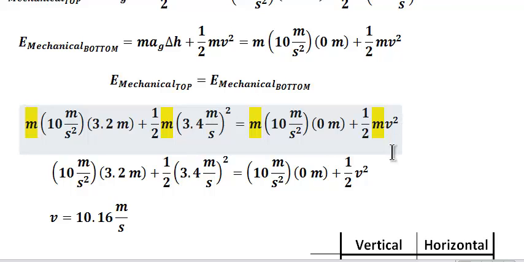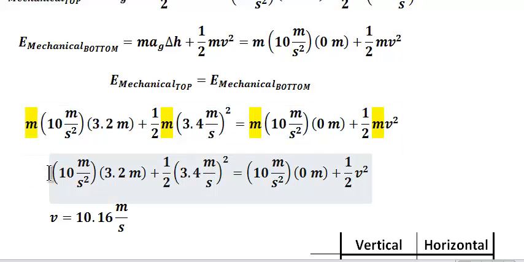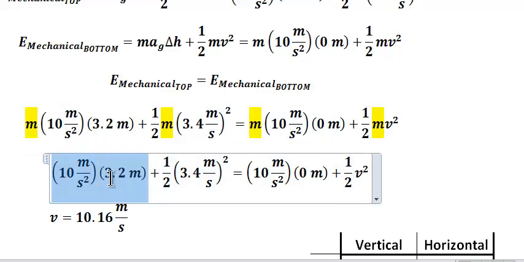I can indicate that another way. Back when we were doing kinematics, we never even had mass enter into the thing. We didn't talk about mass until we got to Newton's laws, so mass has nothing to do with this problem. So I cancel them all out, and that leaves me this. The leftover terms from potential energy: 10 times 3.2.